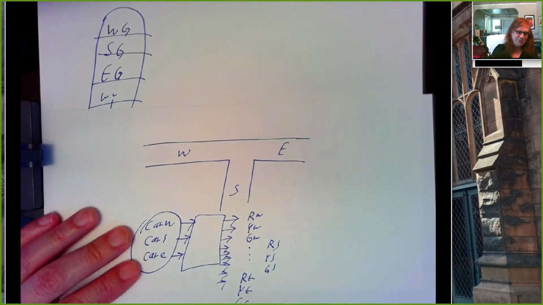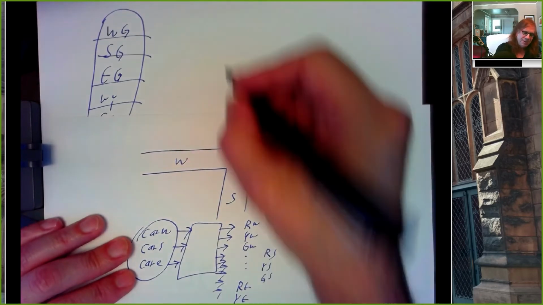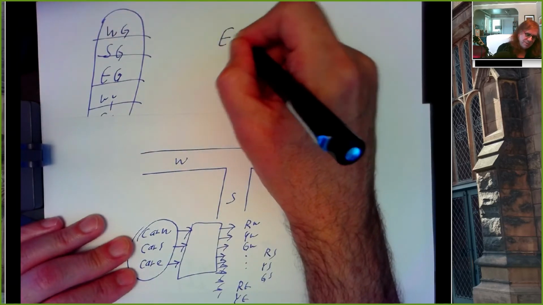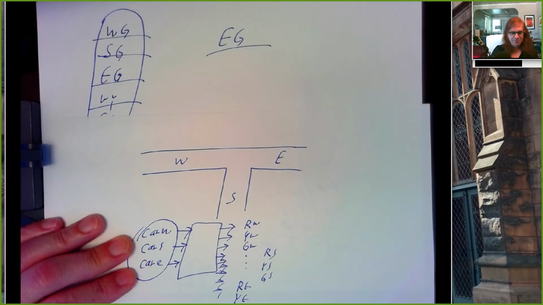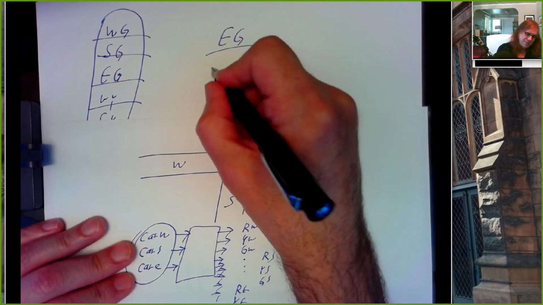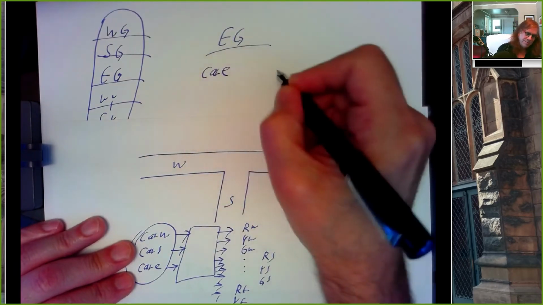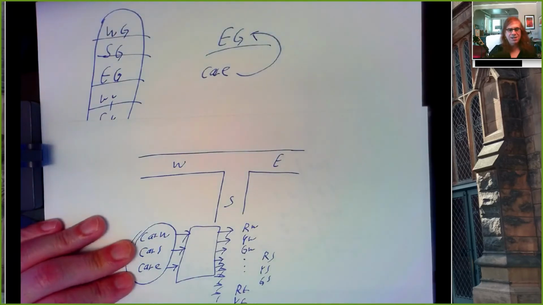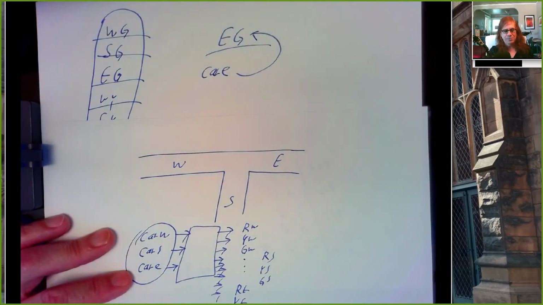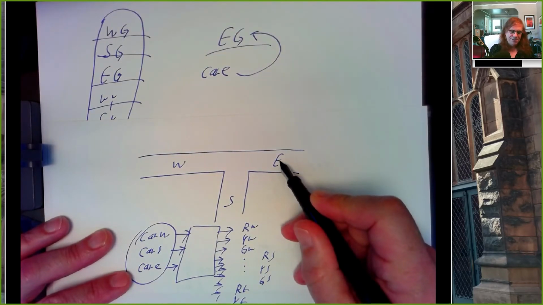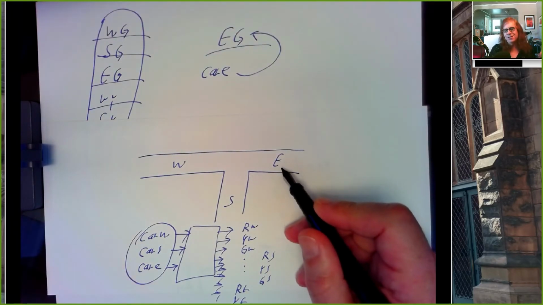So for example, east has highest priority. Suppose you're in east green, and there's a car to the east. You're just going to stay in this east green state, right? This light is green, there's a car sitting here, it's going to stay green.